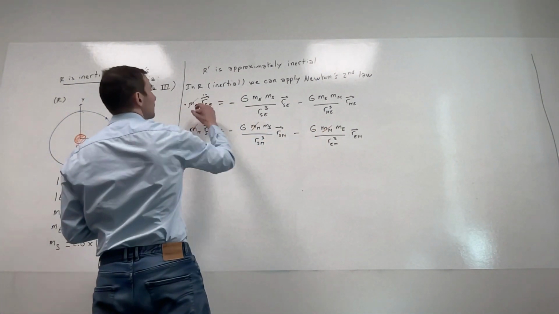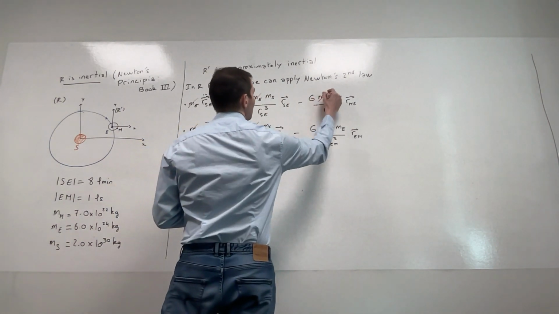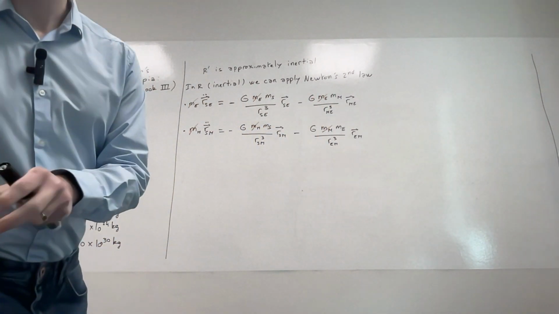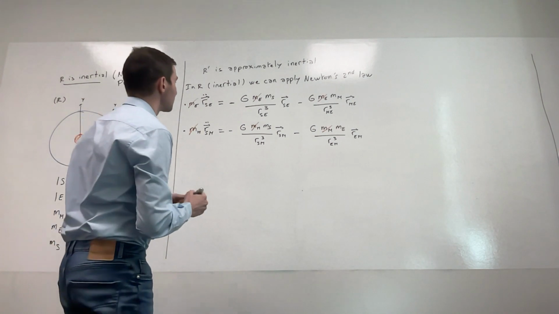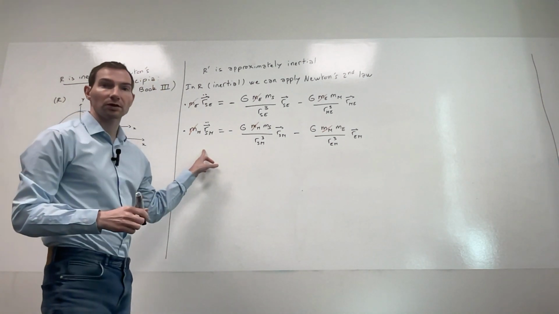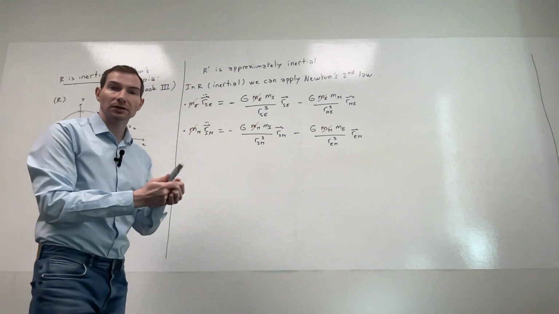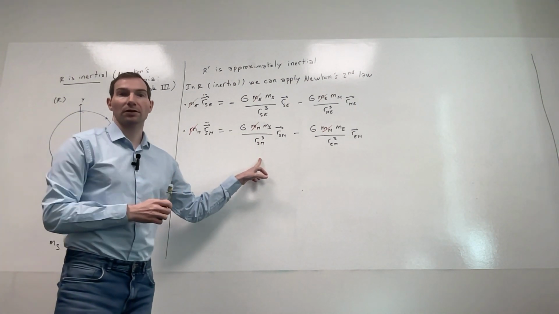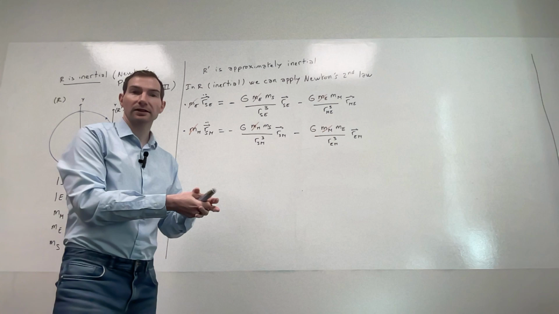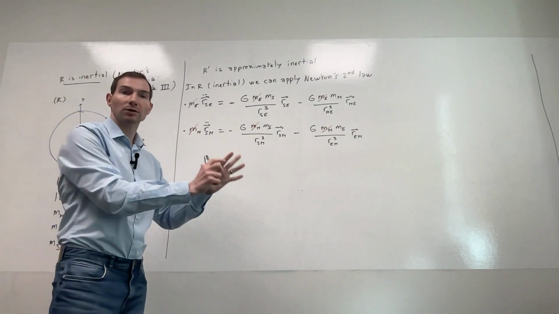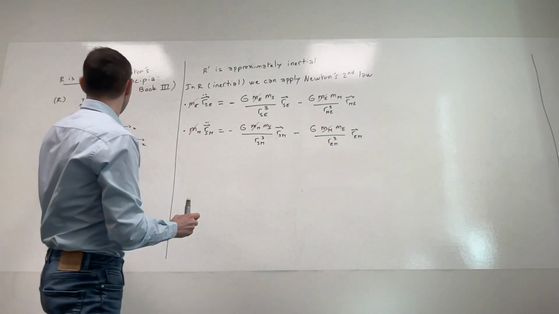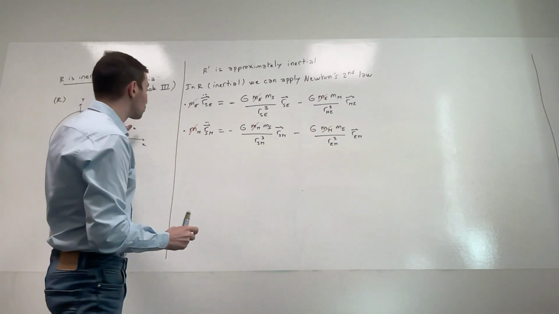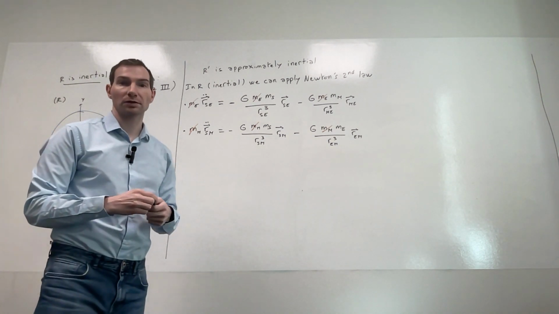And once we have done that, then what we can try to look for is the relative acceleration of the Moon with respect to the Earth, because in that case we are changing the frame of reference from the heliocentric frame to the geocentric frame.